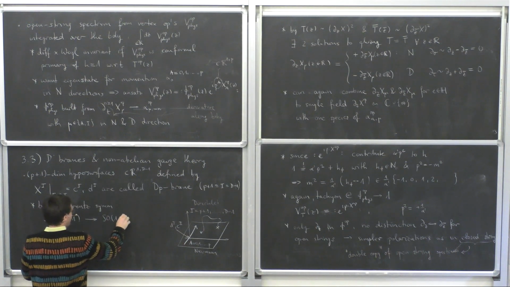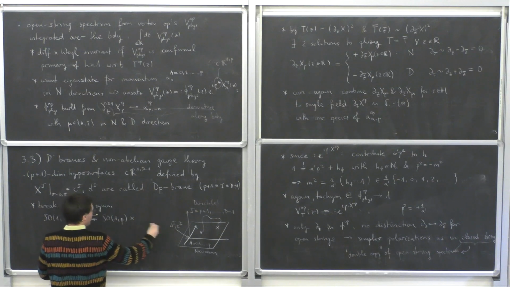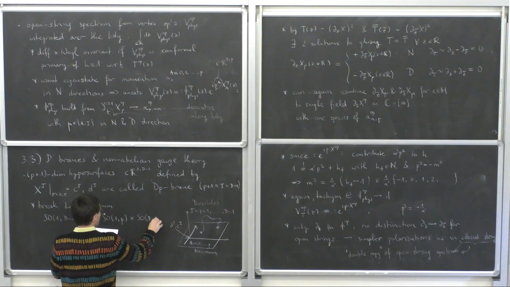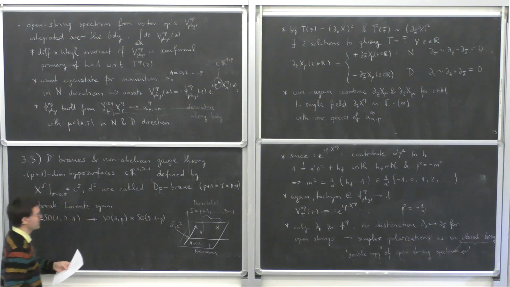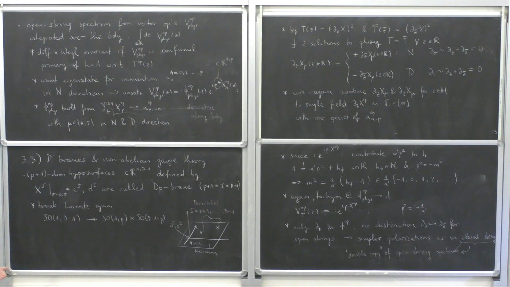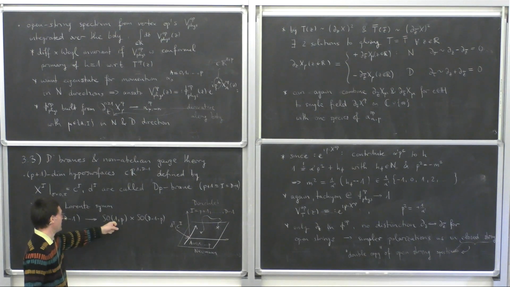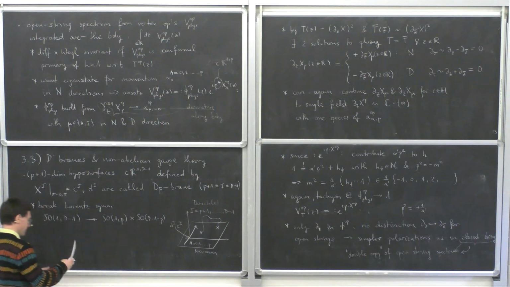You still have Lorentz symmetry within the Neumann directions and separately rotation symmetry within the Dirichlet directions. Once more, the assumption is that x0 is receiving Neumann conditions. That's why I am quite clear about the signature, that here is the Neumann block, including the time direction.